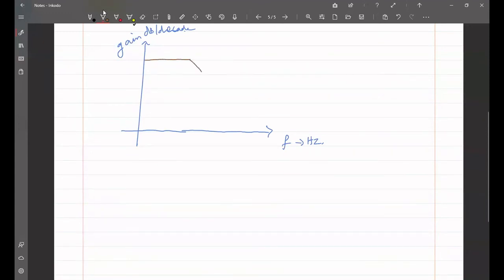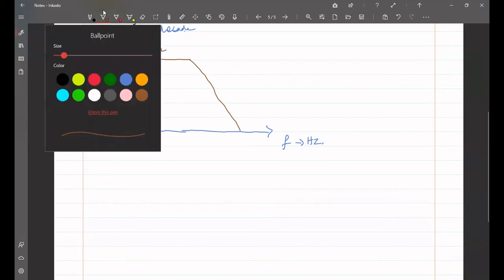So consider this is an ideal op-amp characteristic. The gain will be 100 dB, or maximum gain will be there, the AOL gain.